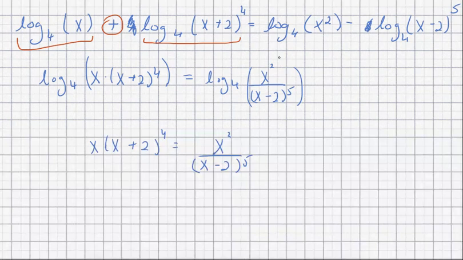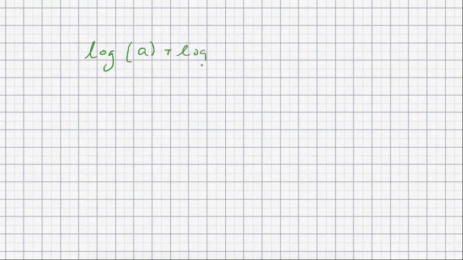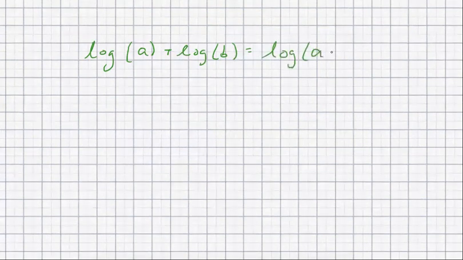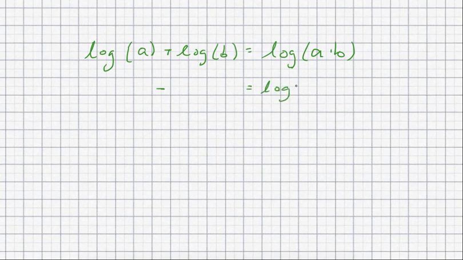Let's say we have 2 rules. I will do it quickly. Log A plus log B, this one I did before with a triangle and a rectangle, equals log of A times B. And then we said that log A minus log B would be log of A over B. So let's say you don't remember which one is which.